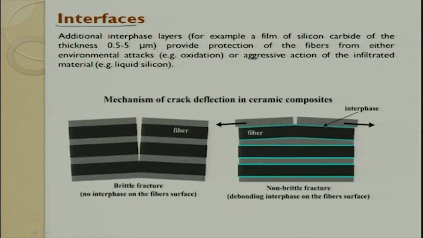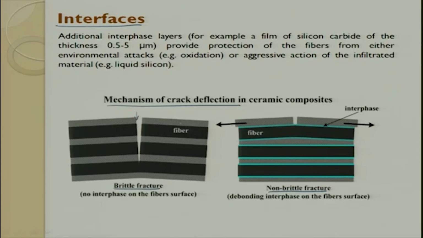So interfaces matter when you look at mechanical strength and other things. Here we see a brittle fracture, here we see a non-brittle fracture. These are the mechanisms of crack deflection which happen in a ceramic matrix composite. If it is a brittle fracture, the crack just keeps propagating in this direction.